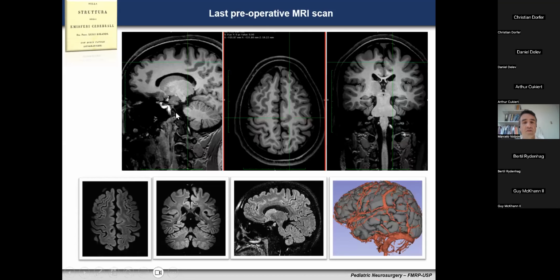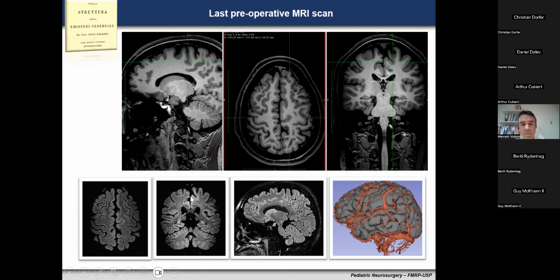But just to sum up with some pictures now, after a lot of other scans, and this is the last one prior to what I'm going to show you afterwards, we thought that there was some signal alteration in this area, which is not exactly in the motor strip, just a little bit anterior to it. You appreciate that the central sulcus is around here.